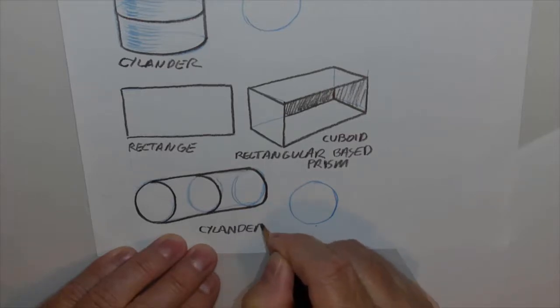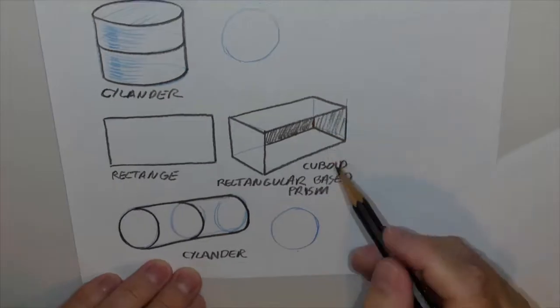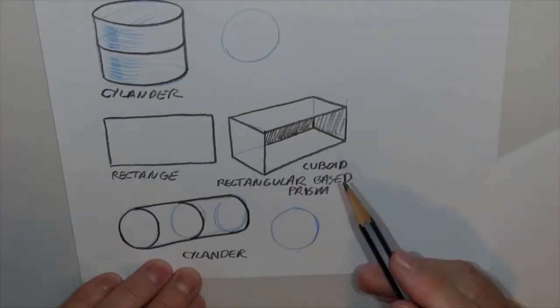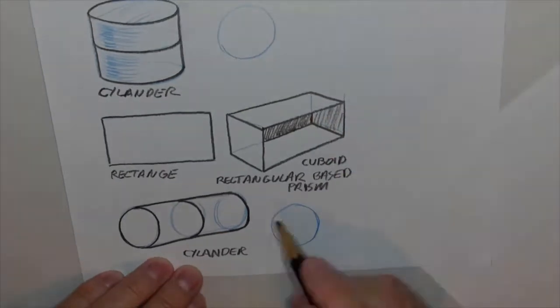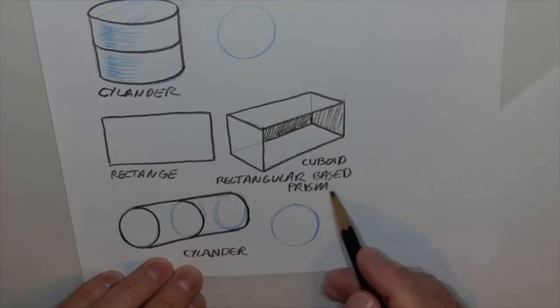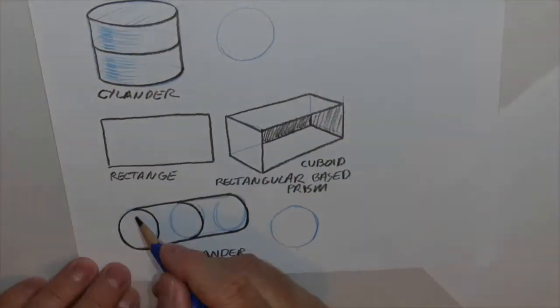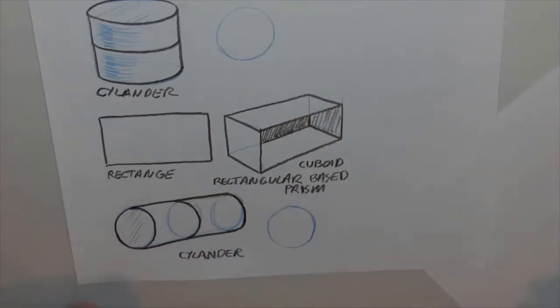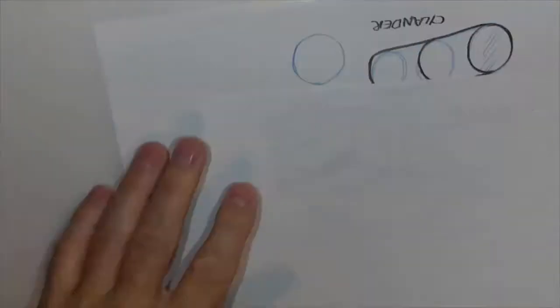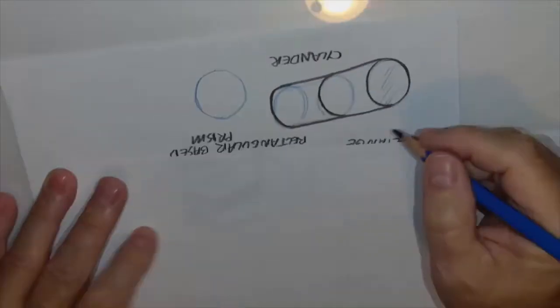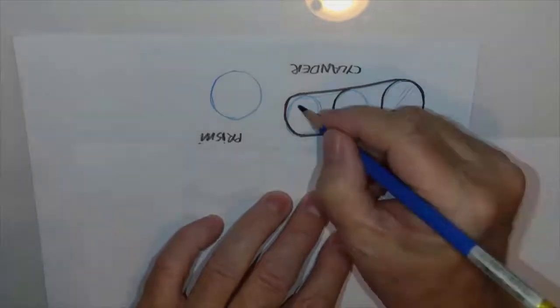So it's not like the cube when it's an equal dimension and then a cuboid rectangular base prism when it's a different variation of length. The cylinder is regardless. It is the same name regardless. So here I'm going to add a little bit of shading here just to reinforce it. And again, the surface. I turn it upside down for that curvature again.